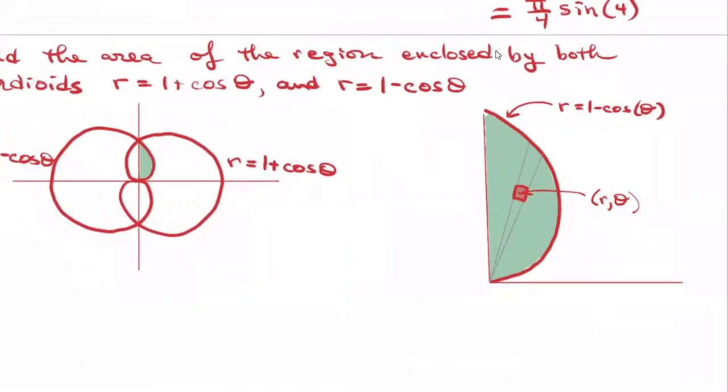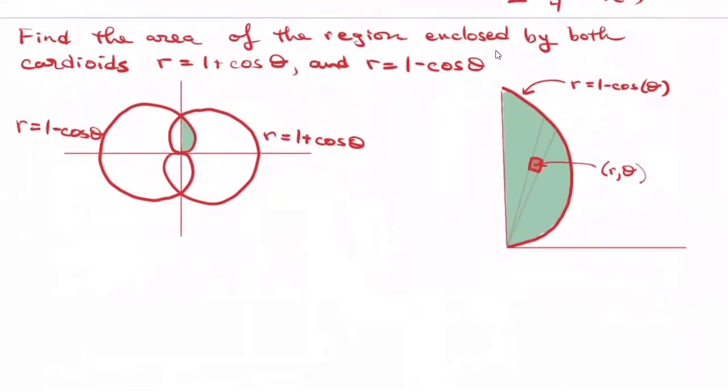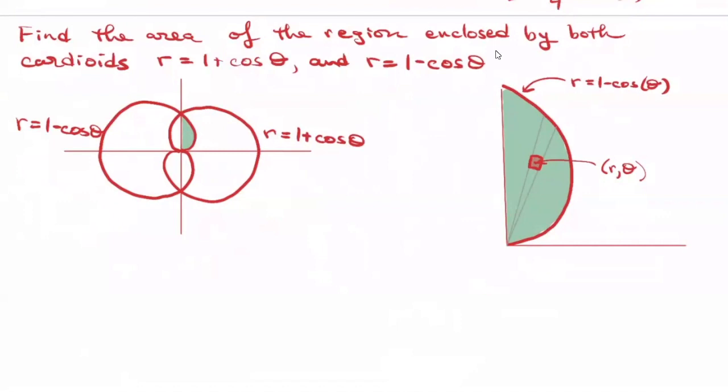Okay, so any questions? If we're just going to do the area, area is just a double integral over a region of 1 dA. That's the formula for area. And even to make it better, it's the area of R. So let's make that more clear.